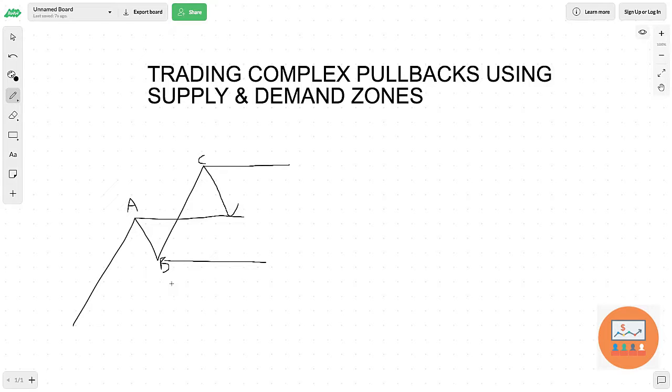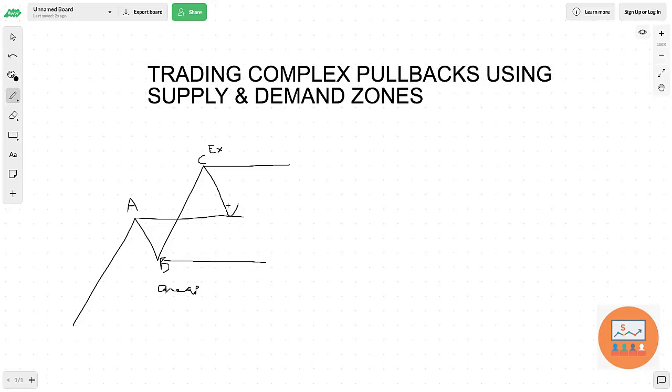Now, if this is the cheapest area, this has to be an expensive area. And in between a cheap area and an expensive area is fair value. So this would be considered fair value.